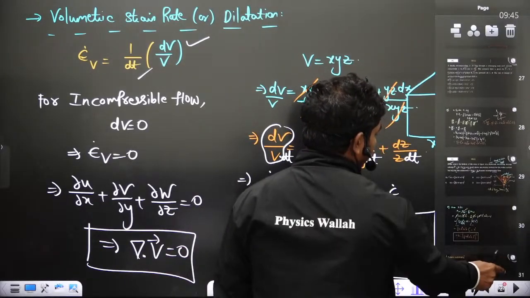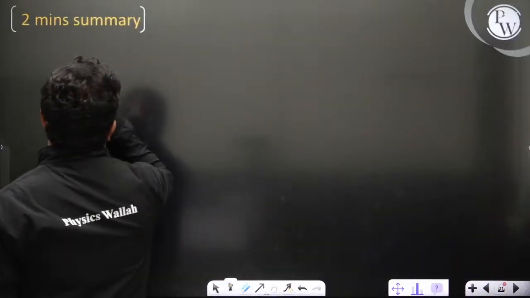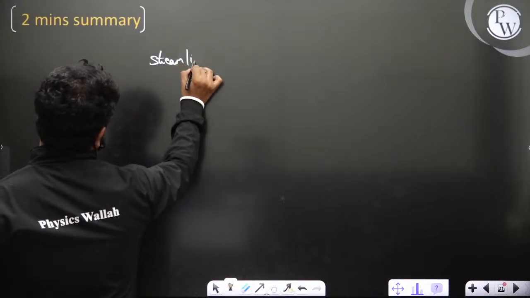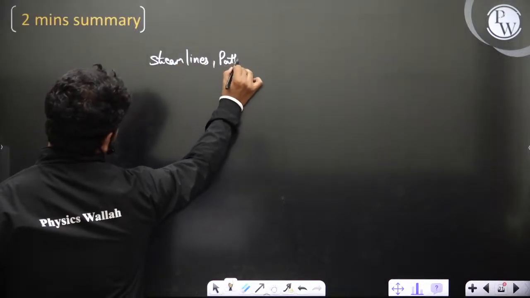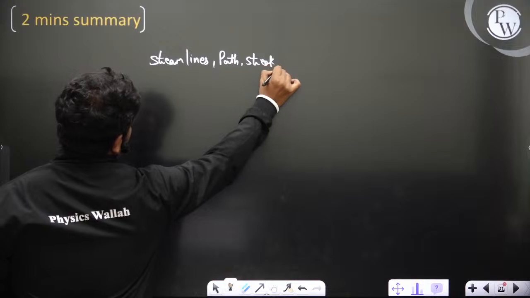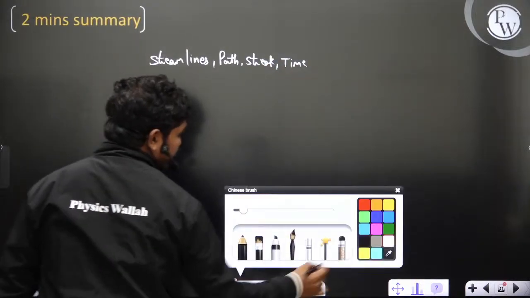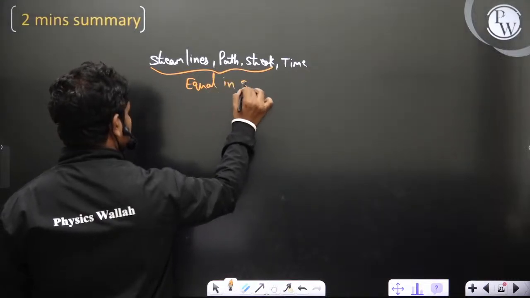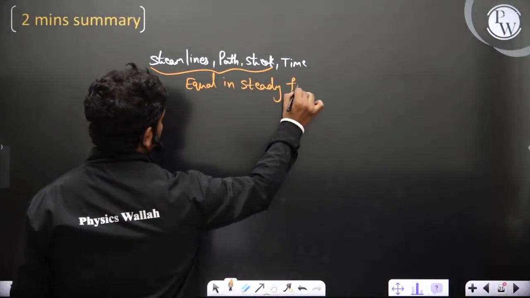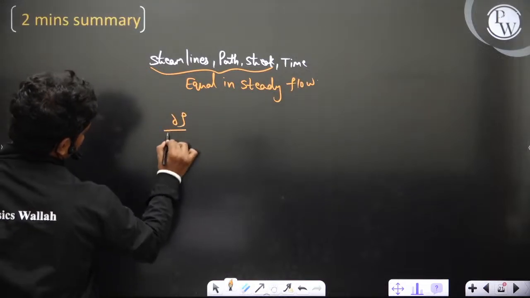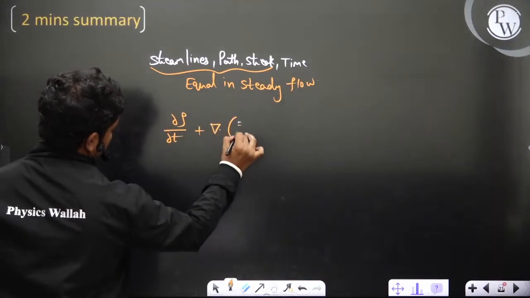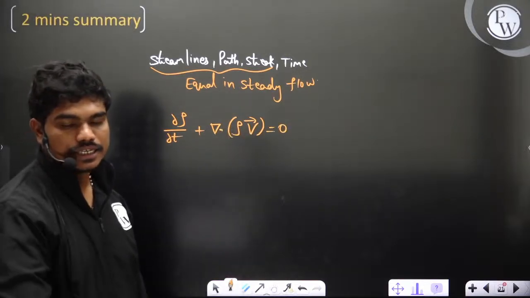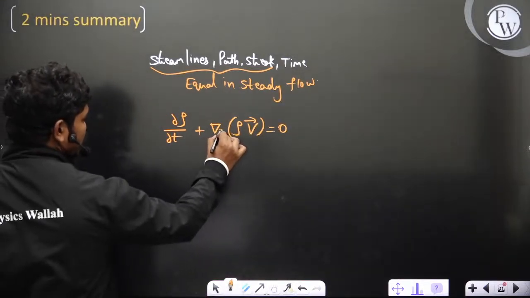Some problems we have solved, and today we have talked about streamlines, path lines, streak lines, timelines, and we have seen why in the case of steady flow all these three are equal. Then we have seen the continuity equation, so the divergence of velocity is actually 0, and from the continuity equation we have also seen cylindrical coordinates.